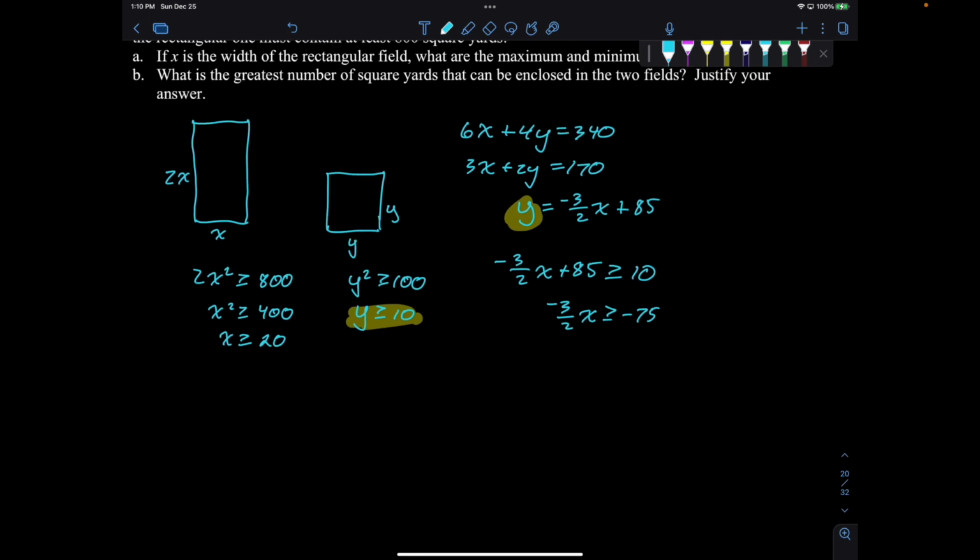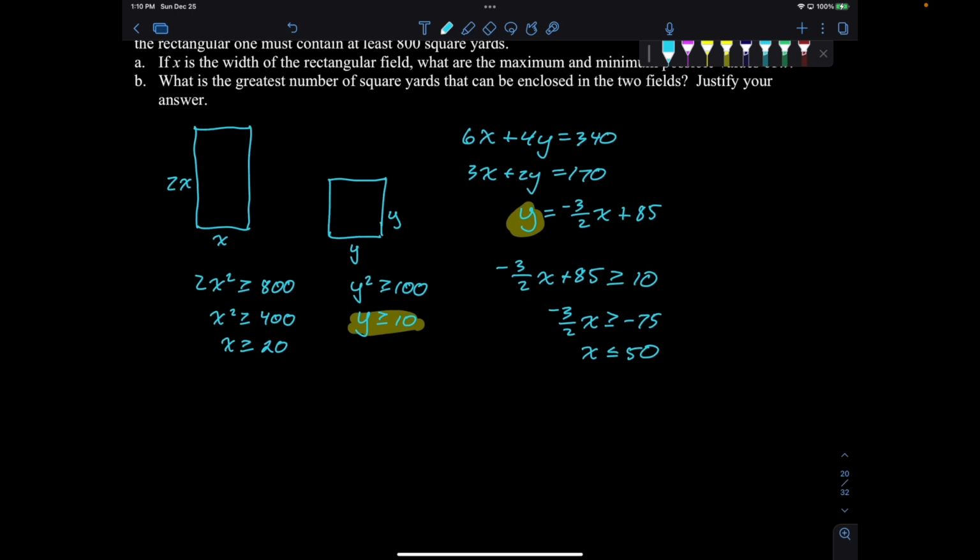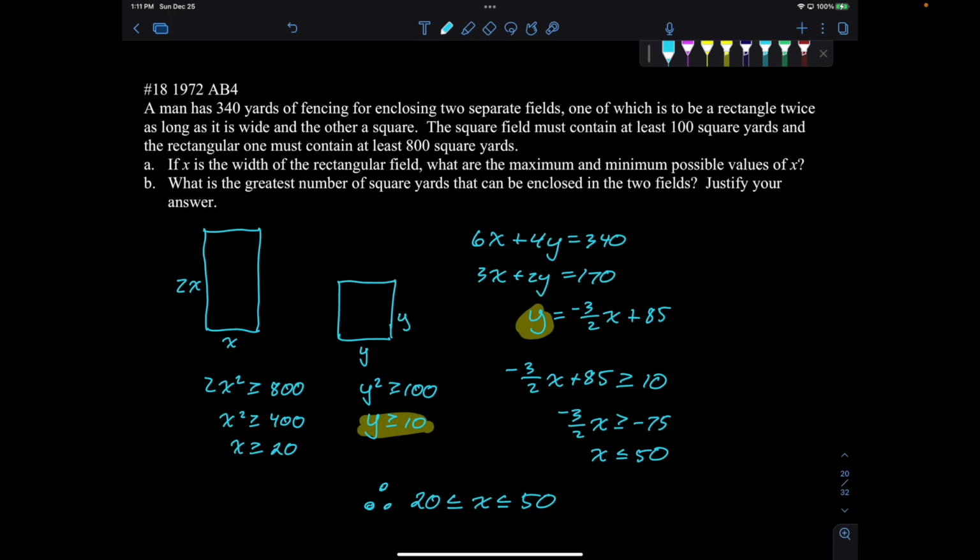We're going to multiply by 2, divide by negative 3, and since we're dividing by a negative, we flip the sign. So that's negative 150 divided by negative 3, so 50. So I think the answer to the first part, which is like an algebra 2 question maybe, is 20 to 50. Somewhere between 20 and 50 is the value of x.